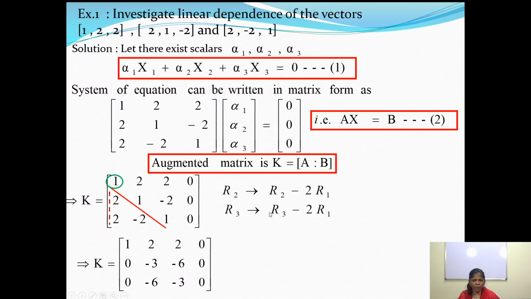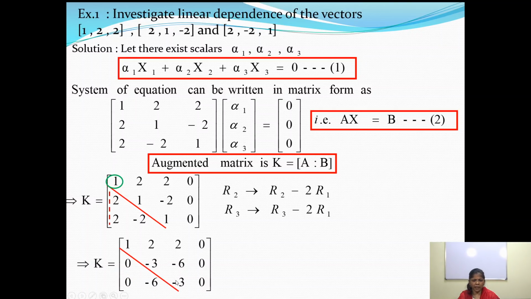Similarly, for the third row, the operation will be R3 - 2R1. The first row remains unchanged, whereas there will be changes in the second and third rows like this.